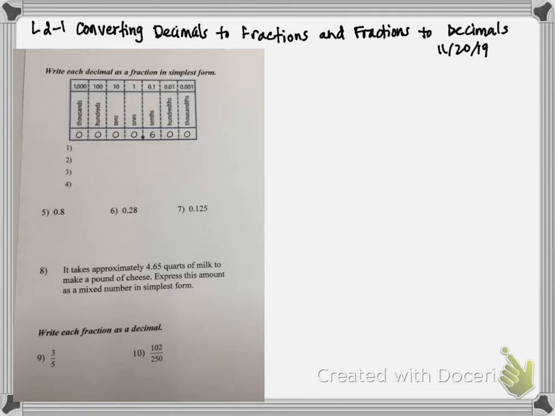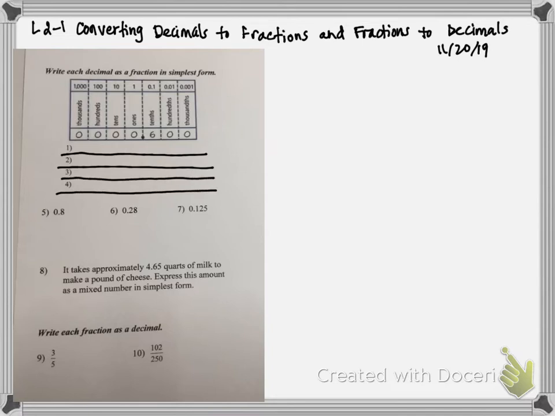So let's take 8 tenths. Oh, I'm going to clean this up. I don't like this. Let's go ahead and we're going to make lines here, here. Oops, that's a little narrow. Here and here.